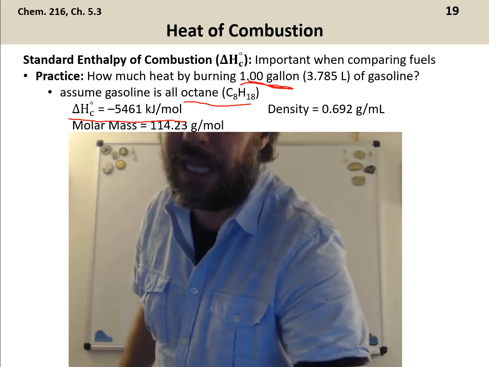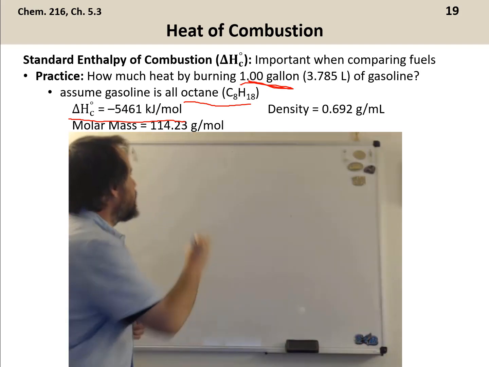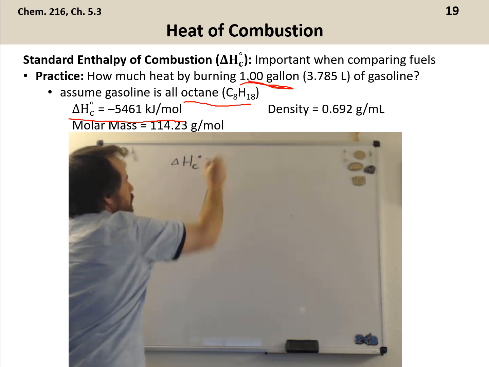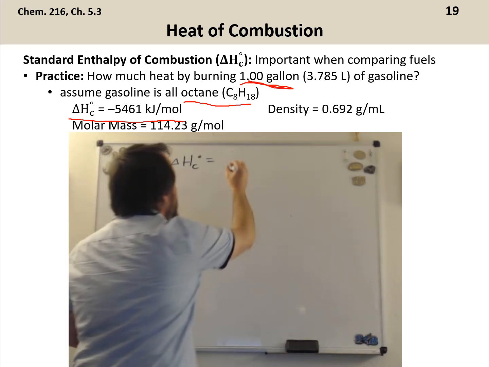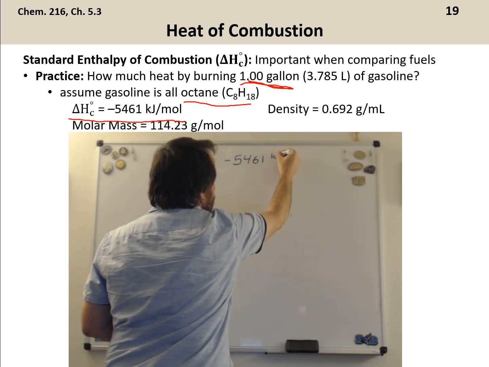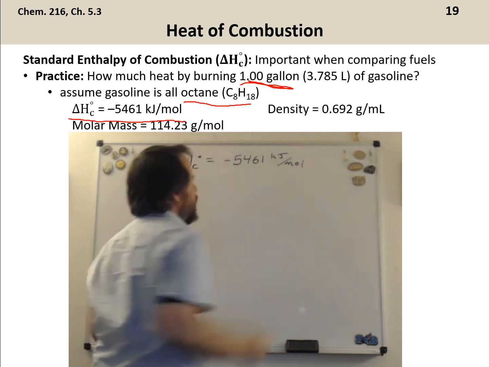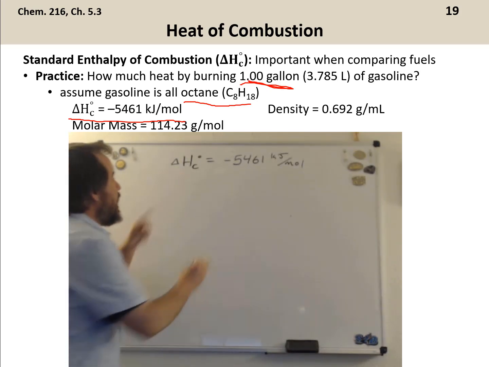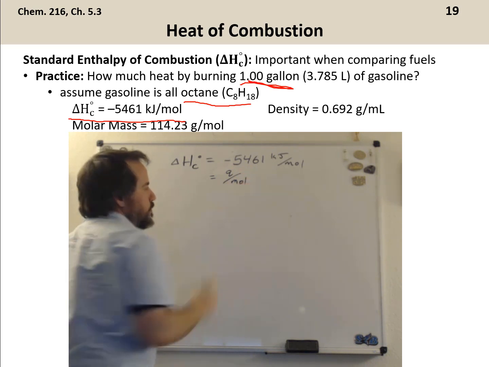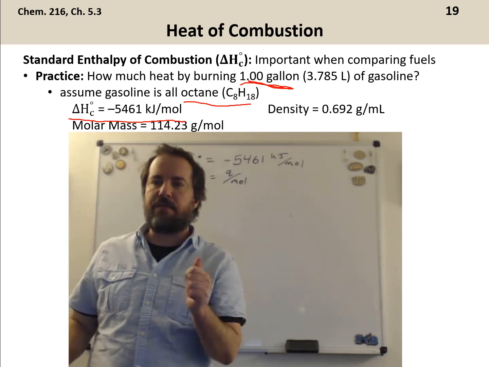All right, so let's start off by coming up with a plan. We're told delta H is negative 5461 kilojoules per mole. And remember that delta H is always Q over moles. So what are we asking for in this problem?